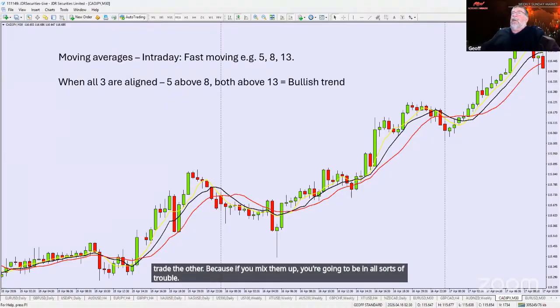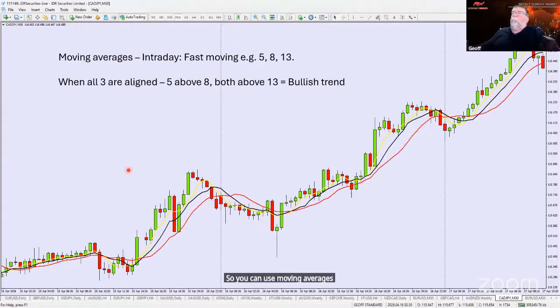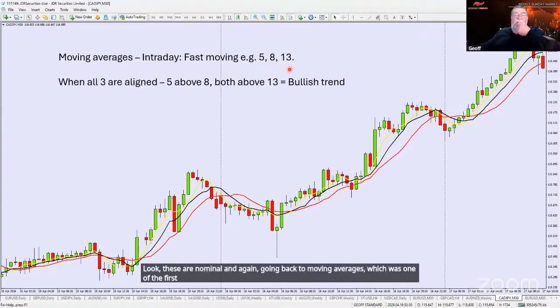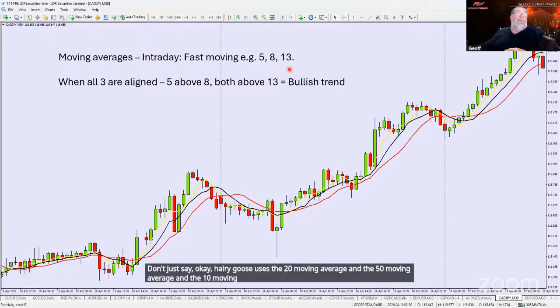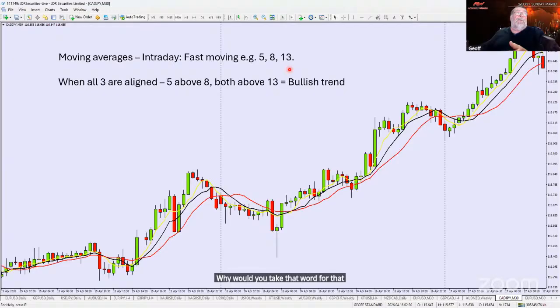So you can use moving averages. Look, these are nominal. And again, going back to moving averages, which was one of the first things that we discovered earlier, make the moving average fit the chart. Don't just say, okay, Harry Goose uses the 20 moving average and the 50 moving average and the 10 moving average. Why would you take their word for that? Test it.